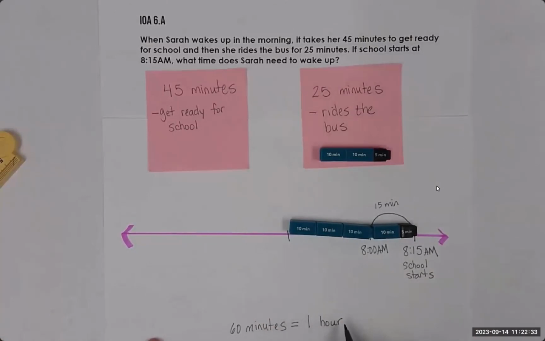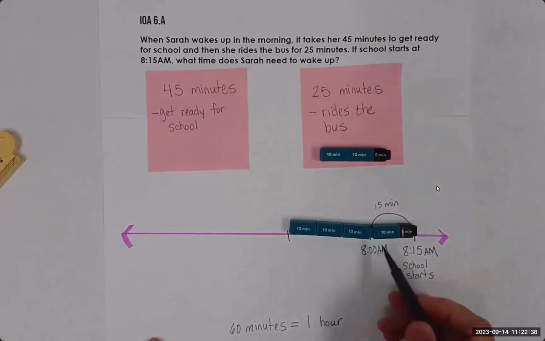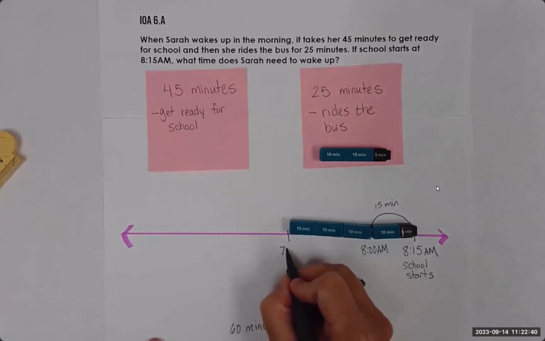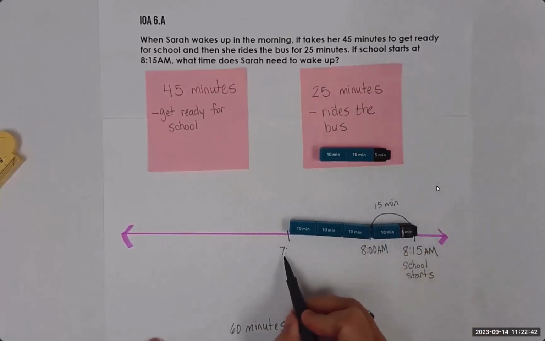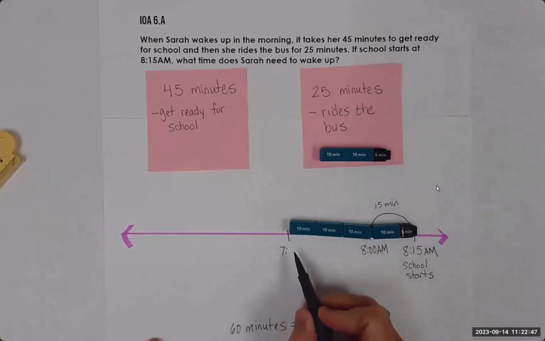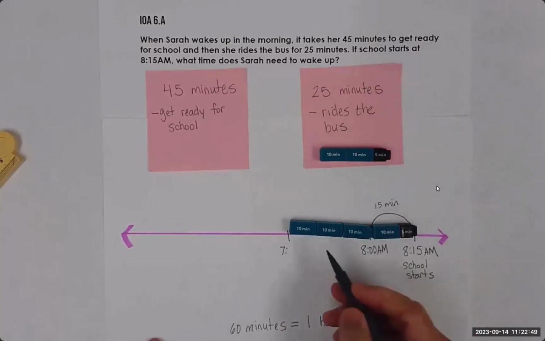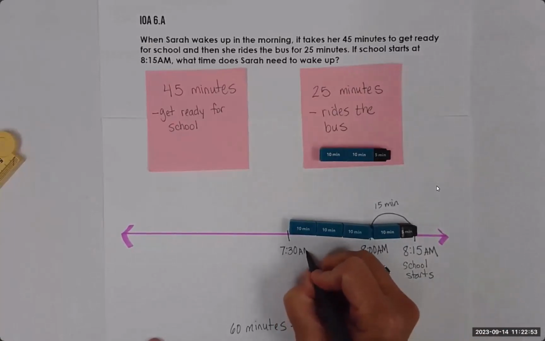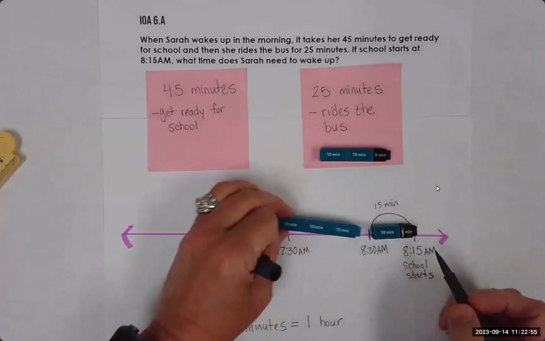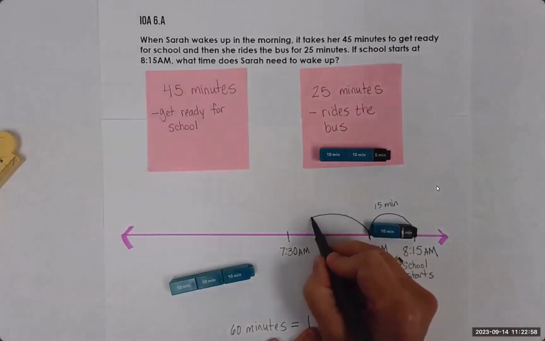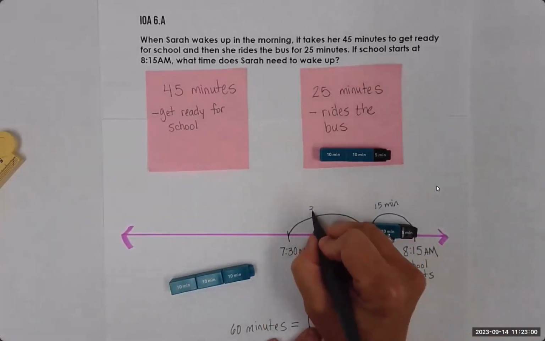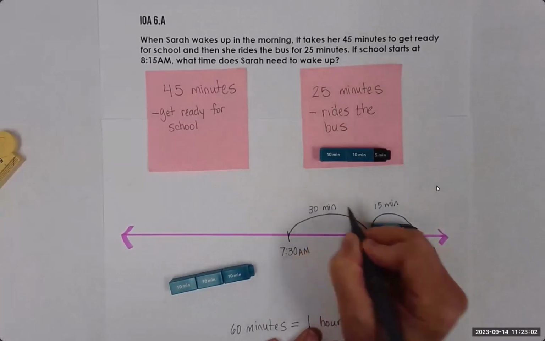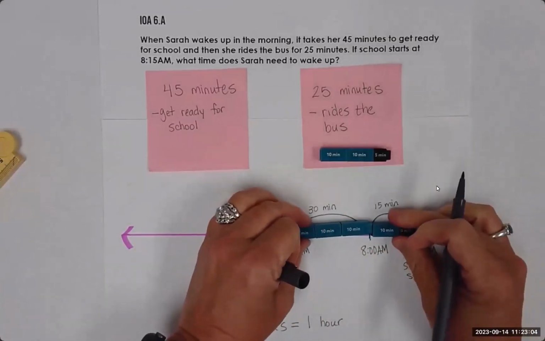If there's 60 minutes in 1 hour, and I'm at the hour mark of 8 a.m., then I know if I'm going back in time that my hour, if I'm only subtracting out 30 minutes, my hour is going to be 7. And if I know that 60 minus 30 is 30, so I'm at 7:30 a.m. when I do that. So let's go ahead and show that on our number line as well. So there's our 30 minutes.